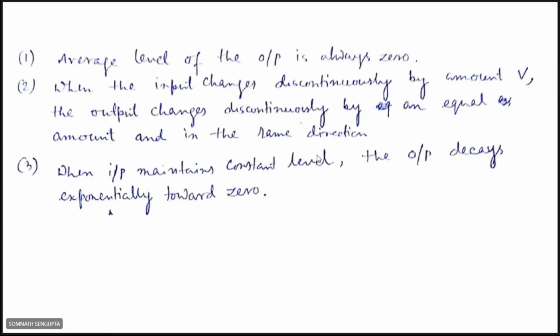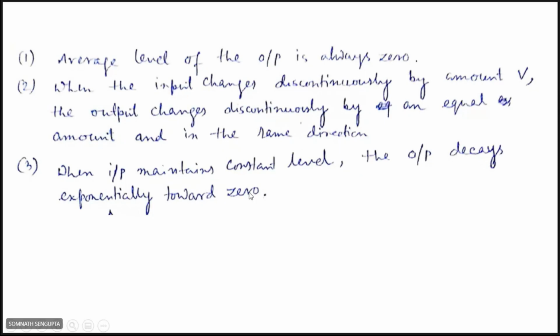There are certain points written over the slides: the average level of the output signal is always 0 for a high pass RC circuit. When the input changes discontinuously by amount V, the output changes discontinuously by an equal amount and in the same direction. And when the input maintains a constant level, the output decays exponentially towards zero.